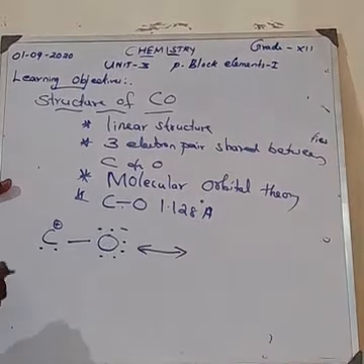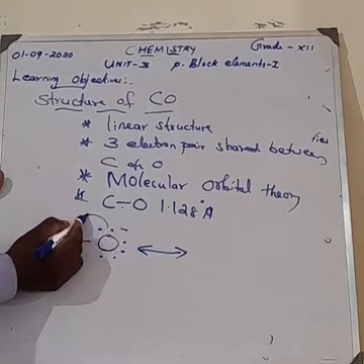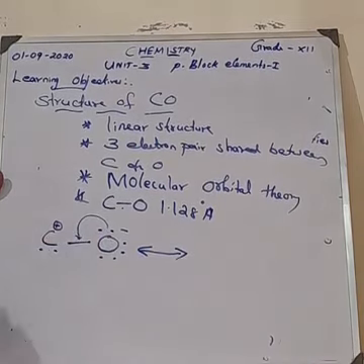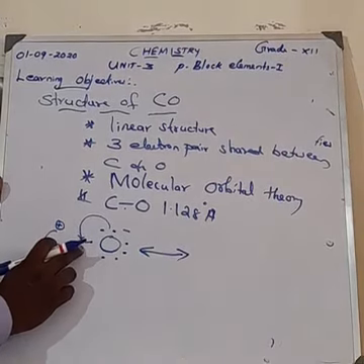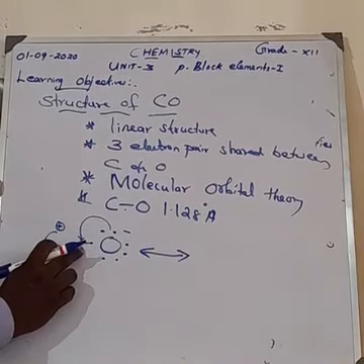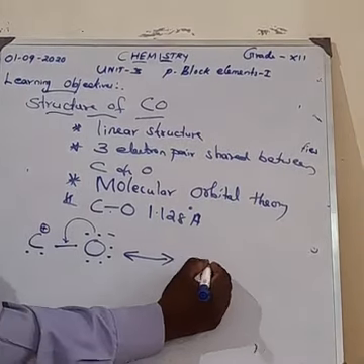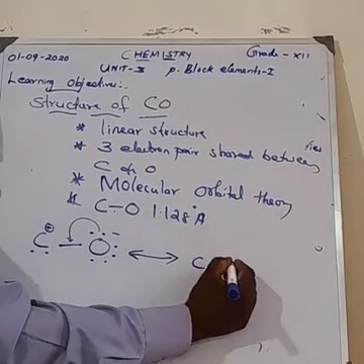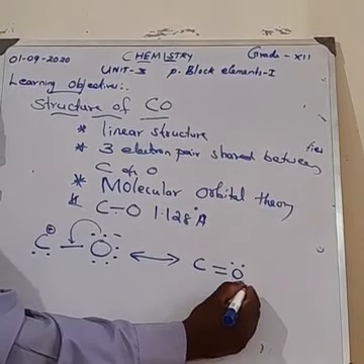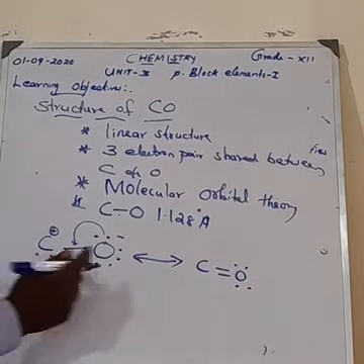Another structure: here this electron should be paired here. The double bond is converted into a single bond, then into a double bond. Oxygen 1, 2, 3, 4. Carbon already has 2 electrons.